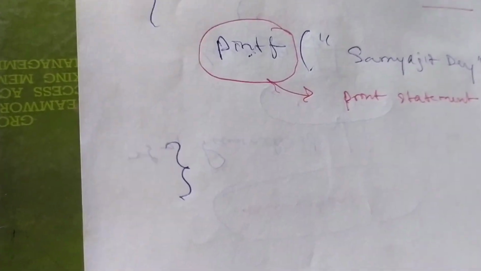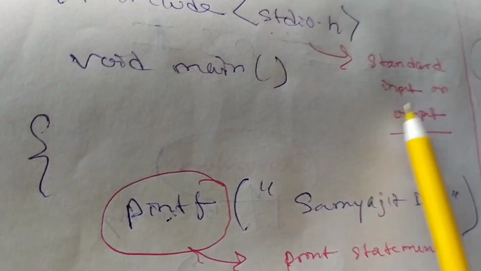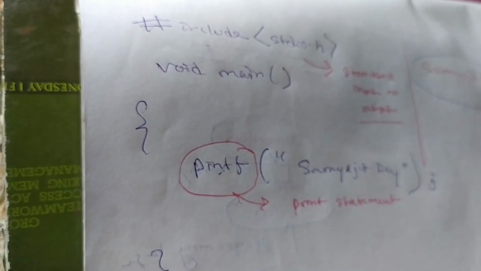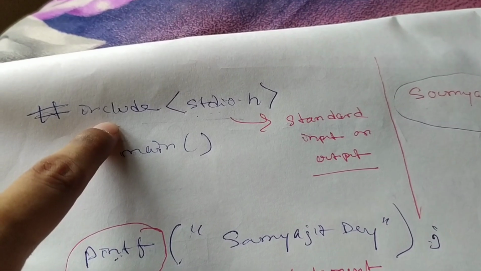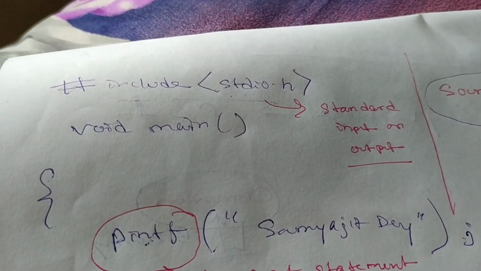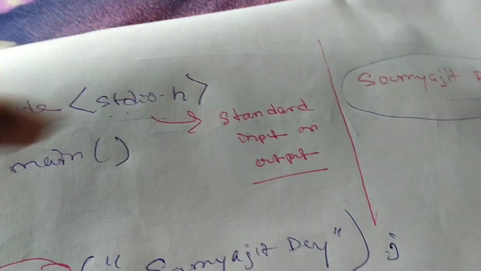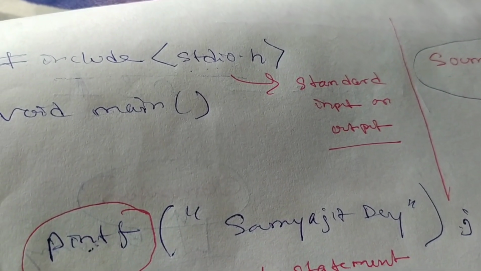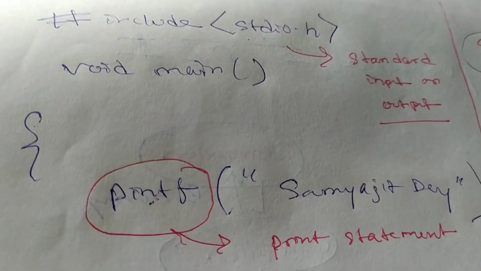That means once we open a parenthesis, we should close this parenthesis like this. In this way, this is the basic program. Whatever C program, whatever function we like to do, add, multiply, subtract, or use while loop, for loop, we have to write stdio.h at the beginning of the C program, because that is the introductory line, and this standard input output will let the compiler recognize it as a C program, and then it will compile it and give the result accordingly.